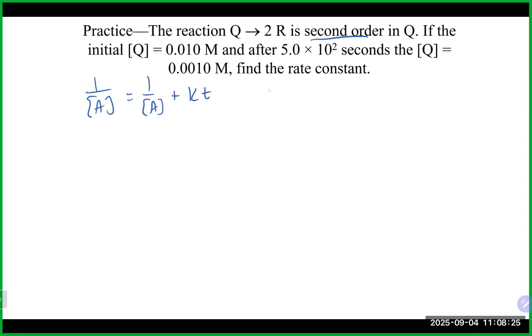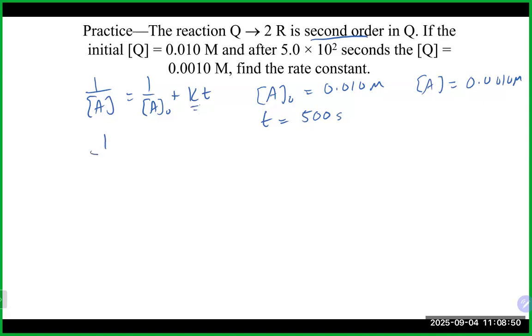In this case, we have our initial concentration of 0.01 molar. We have our time, which I misspoke earlier, is 500 seconds. It's like 50 if you had an extra zero. And we have our final concentration, 0.001 molar. So we really do have everything we need to solve for k.